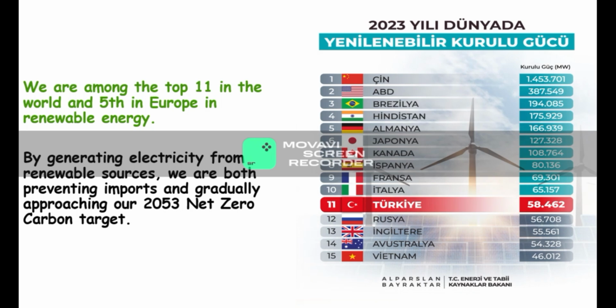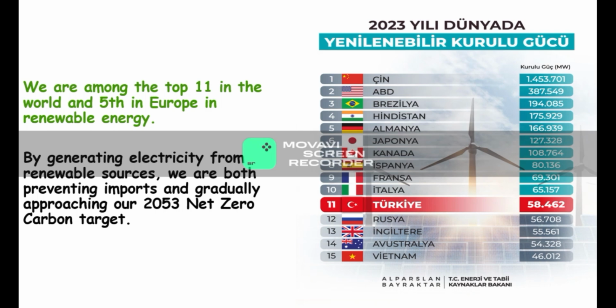We are, speaking of Turkey, among the top 11 in the world and fifth in Europe in renewable energy. By generating electricity from renewable sources, we are both preventing imports and gradually approaching our 2053 net zero carbon target. As you can see, China is literally carrying in terms of built-in power, and it is first.